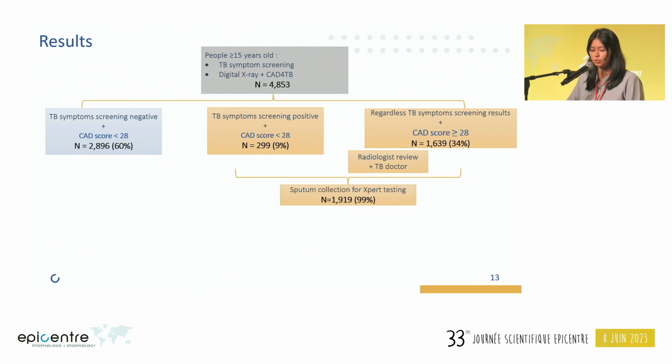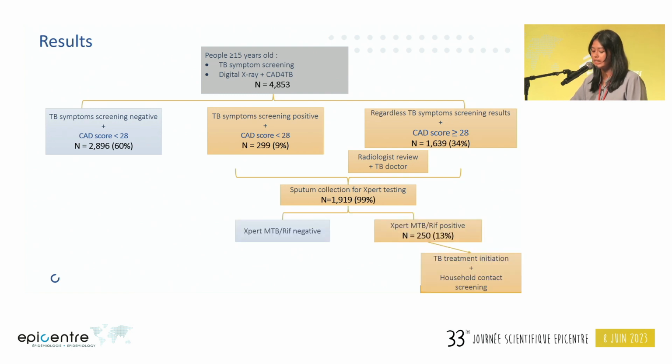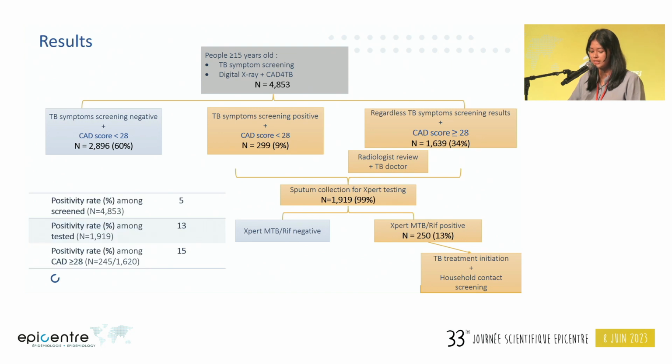Thus, we've sent a total of 1,919 samples for GeneXpert testing. From here, 250 came back positive. This shows us a positivity rate of 5% among all patients screened, 13% among all patients tested, and 15% among all patients with a CAD score of 28 and above.